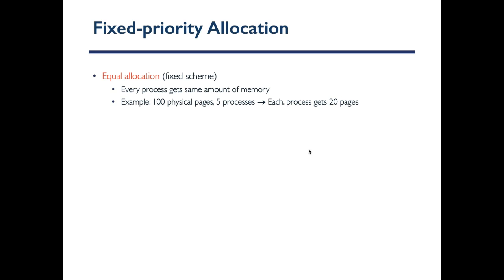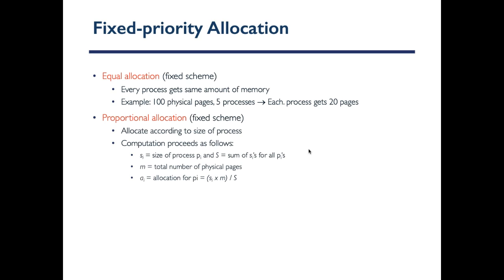Now, what are the policies when it comes to allocating physical memory? One is equal allocation. So whatever number of physical pages you have, you divide it by the number of processes that you have. That would be the allocation of memory to each process. The other way to do this is basically allocating proportionally to some weight or some external indicator.